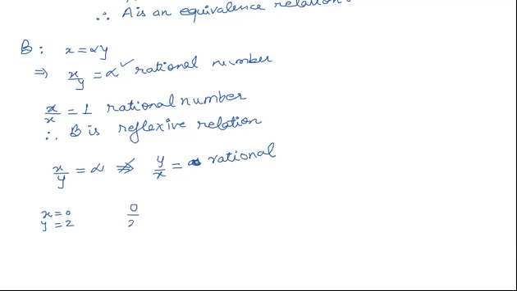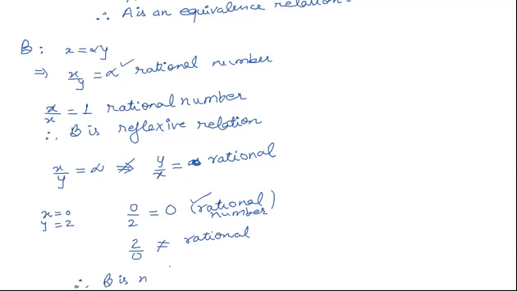So we have 0 over 2 that is equal to 0, which is a rational number. But if we do 2 over 0, that is an undefined quantity, so this is not a rational number. So B is not symmetric in nature, therefore B is not an equivalence relation.